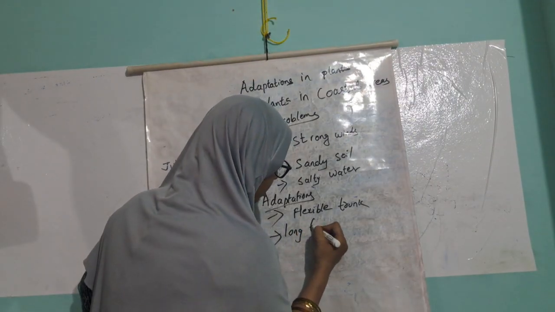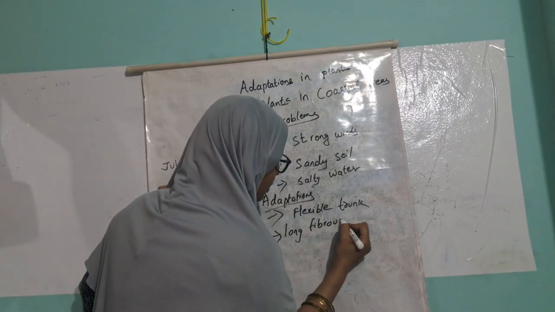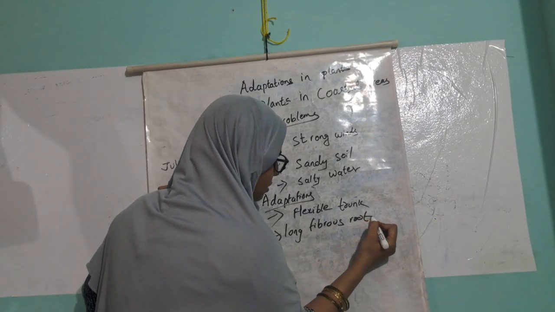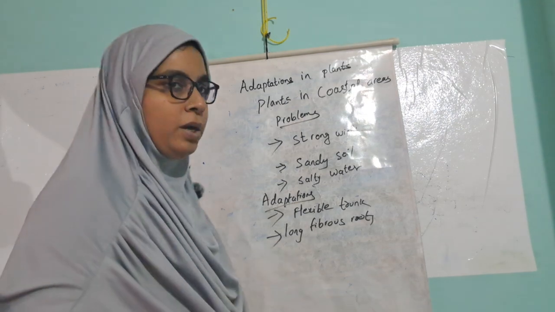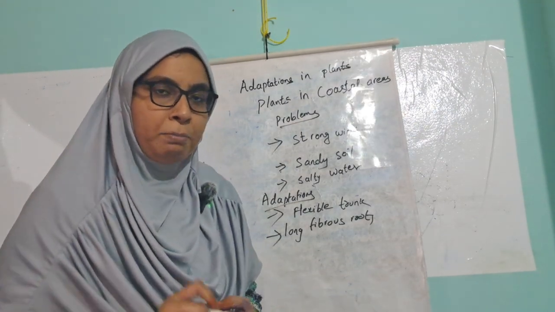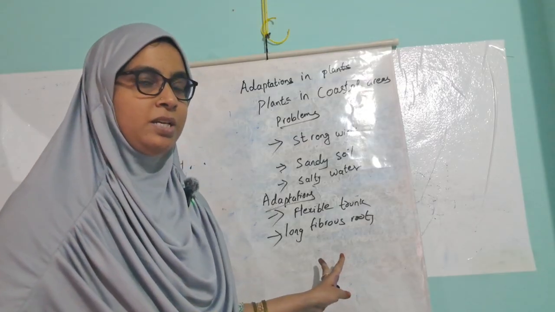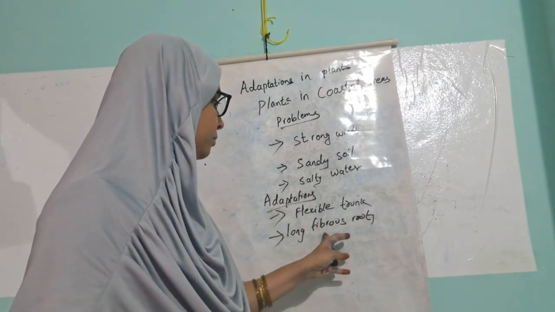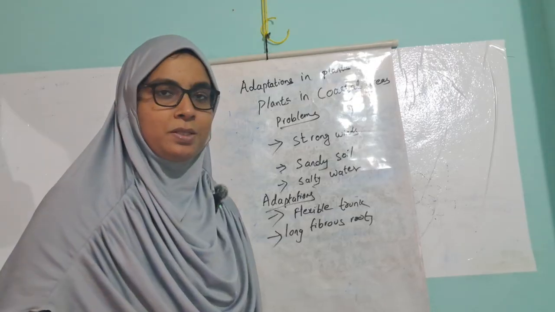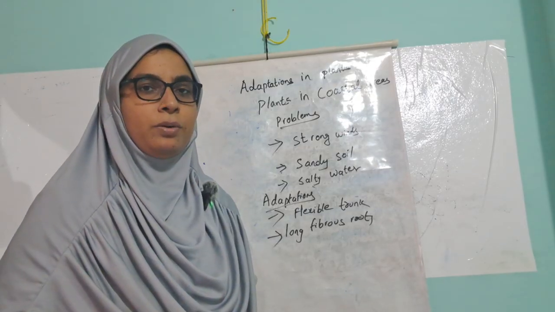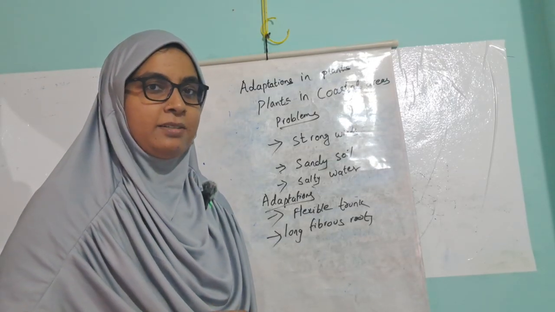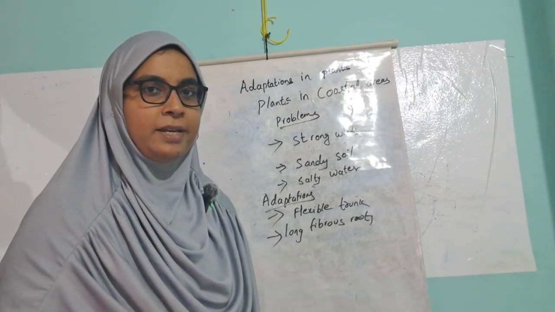So I told you about the root system, tap root system and fibrous root system. In coastal areas, they have a long fibrous root system and it holds the sand firmly.